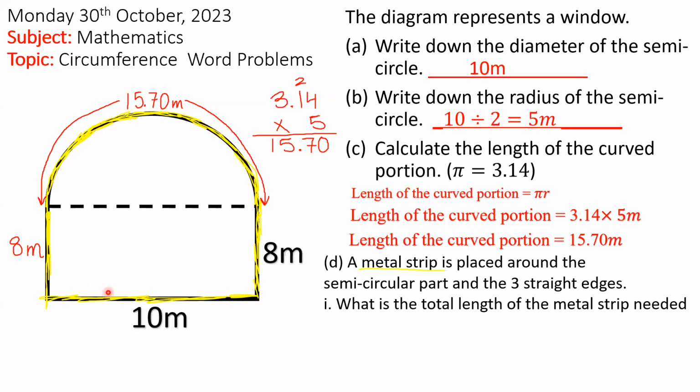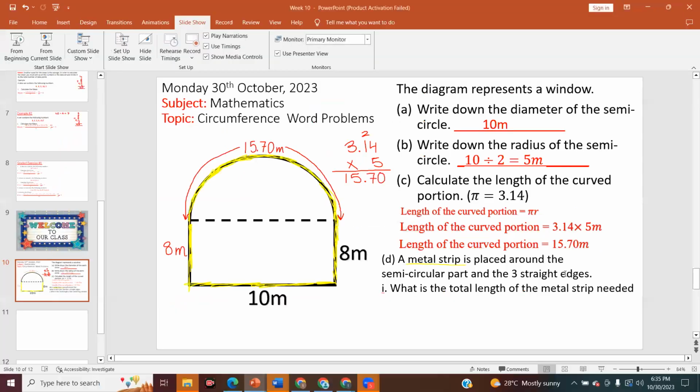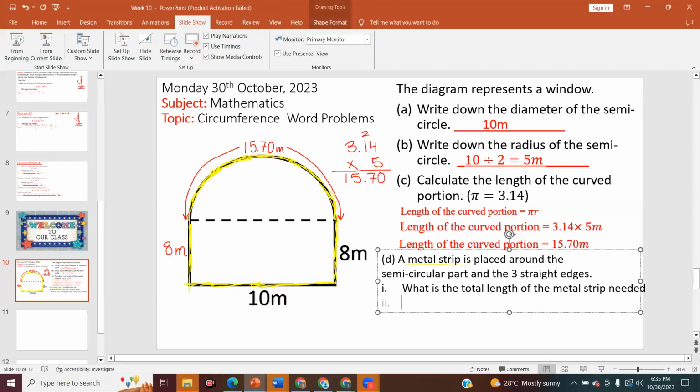So in order to get the total length of the metal strip needed, what do we have to add? We have to add 15.7 and 8. Very good. So the total length is going to be equal to 15.70 meters plus 8 meters plus 10 meters.